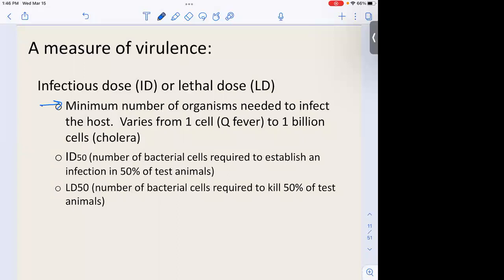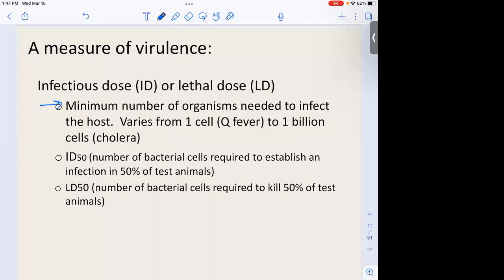So for an example, Q fever, we think it takes one cell of the bacterium that causes Q fever to get you sick. And that actually is not a terribly serious disease most of the time. Cholera, though, for instance, you have to be exposed to 1 billion cells to get cholera. That's fairly easy to do if you drink some contaminated water to ingest that many cells.